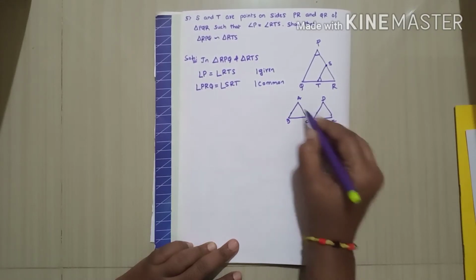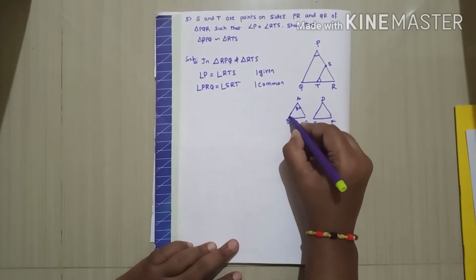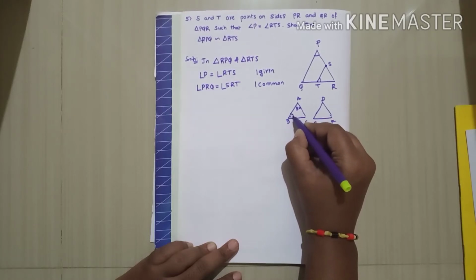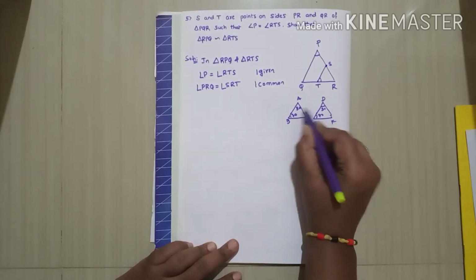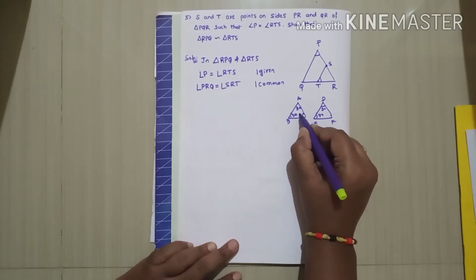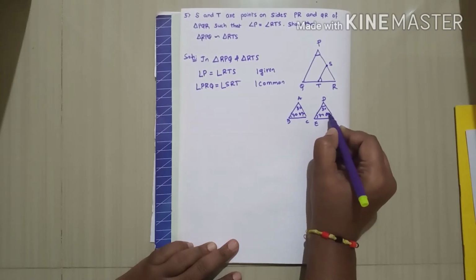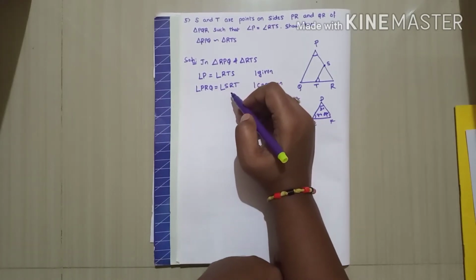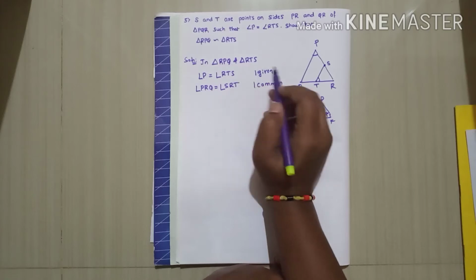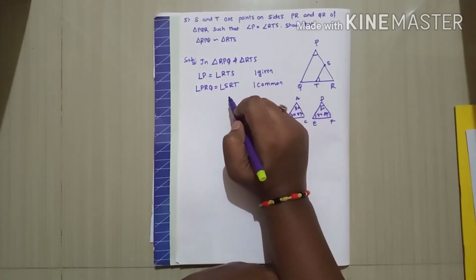Suppose this is 30 degree, this is 70 degree. This is 30, this is 70. See, 30 is equal to 30, 70 equal to 70. Here 30 plus 70 is 100 means obviously remaining angle will be 80. Here also obviously remaining angle will be 80 degree. Like that, here two angles of the one triangle are equal to two angles of the other triangle means remaining angle also will be equal.